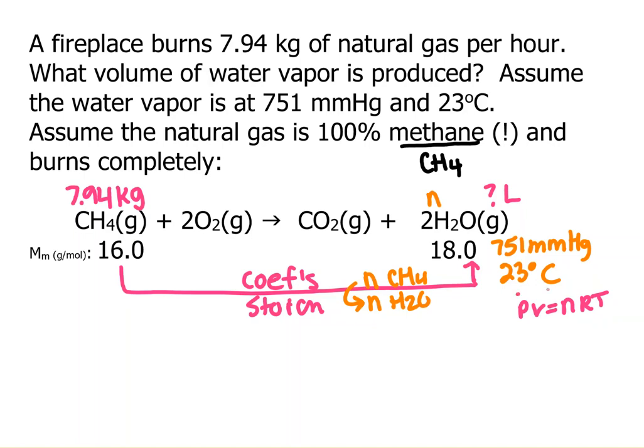I have the pressure and the temperature, I know R. I can get to moles using the stoichiometry, and then I can solve for volume, and then I'll be done. But you notice that I don't have to go to grams of water. When I use the stoichiometry, it will give me moles of water, and that's what I need for this equation. So let's start with that stoichiometry.